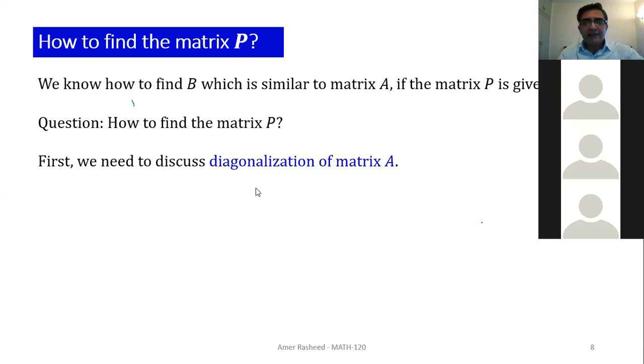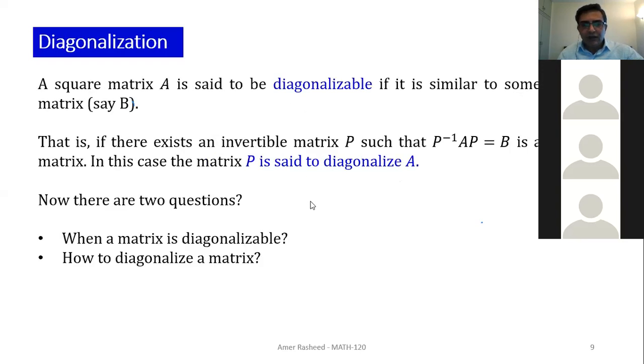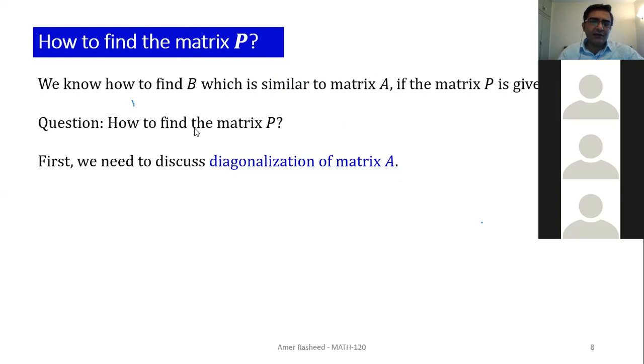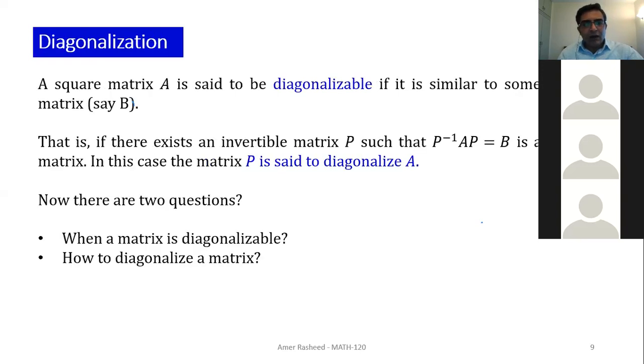First, we discuss how to diagonalize a matrix A, and then I'll tell you how to find that P. In fact, during this discussion, we will find how to write or find that matrix P. Now, what is the diagonalization of a matrix?